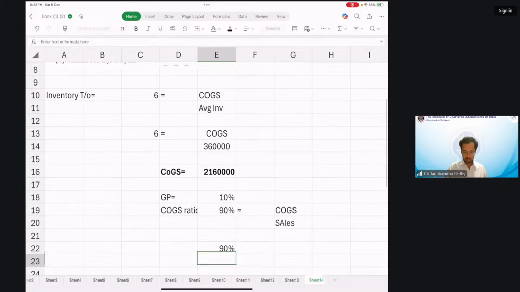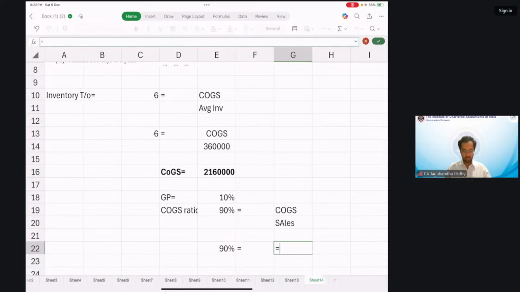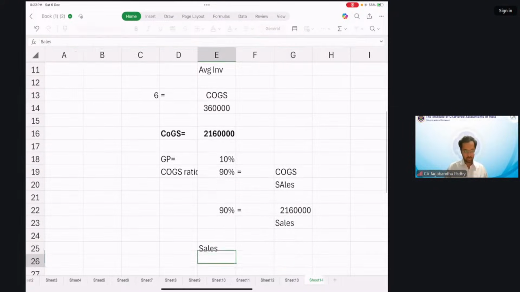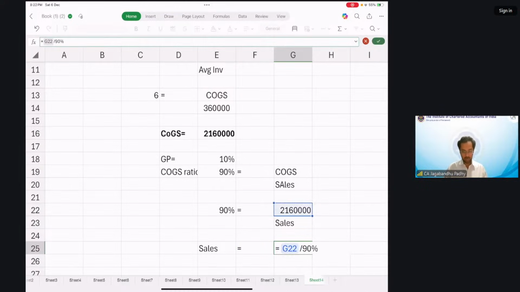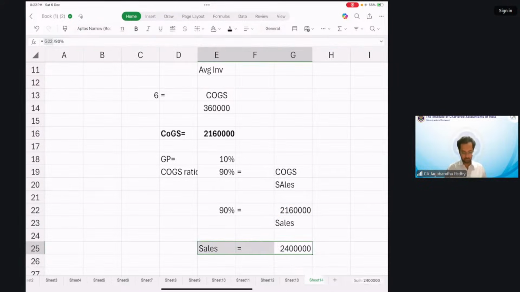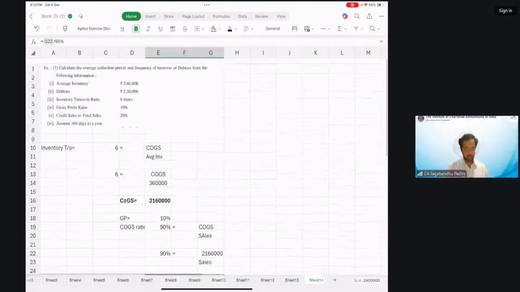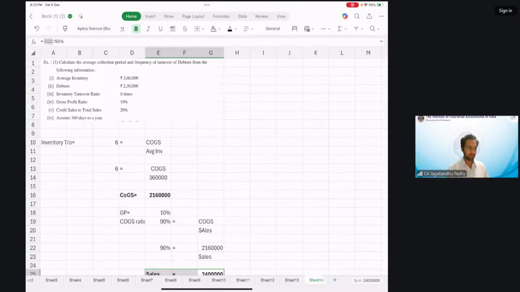So 90% is equal to COGS of 21,60,000 upon sales. So we get a sales value of 21,60,000 divided by 90%. Sales is 24 lakhs.